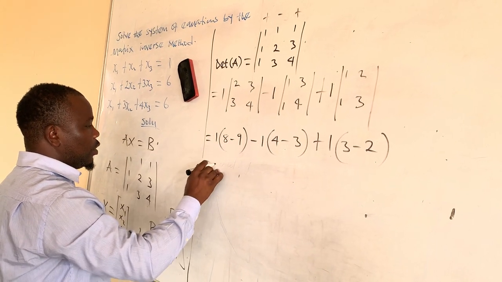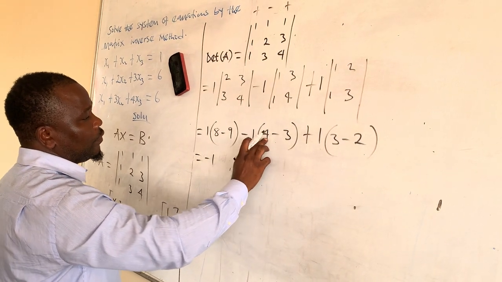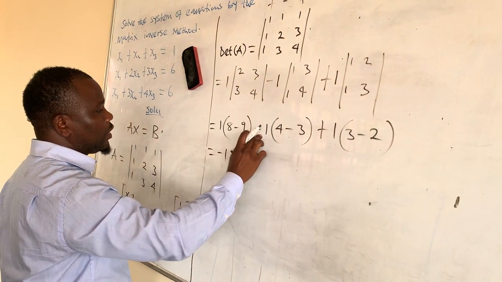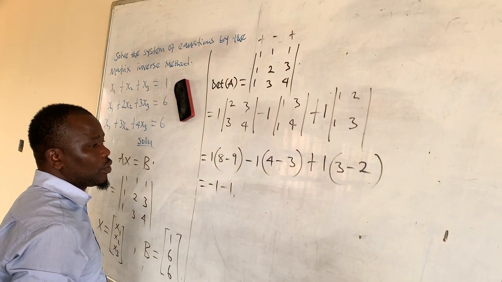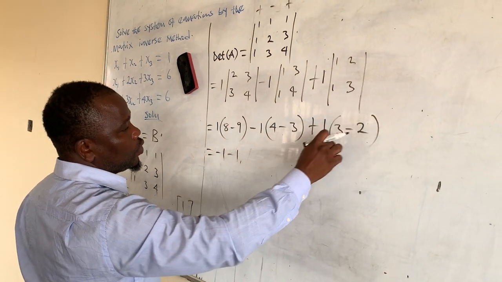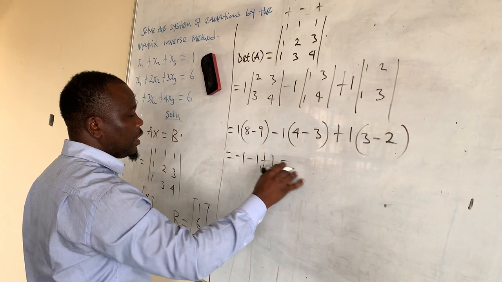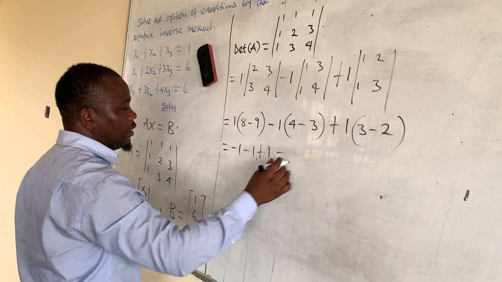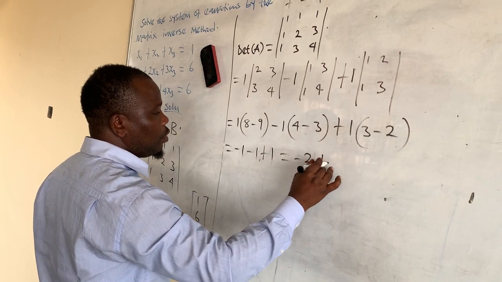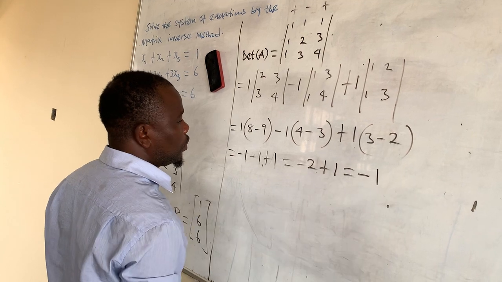Minus 1 times 4 minus 3 gives 1, and 1 times minus 1 is minus 1. Then we have 1 times 3 minus 2, which gives 1, and 1 times 1 gives plus 1. Mathematically, here it will be minus 1 minus 1 plus 1, which gives minus 1.